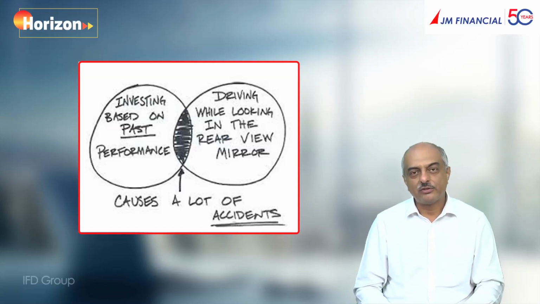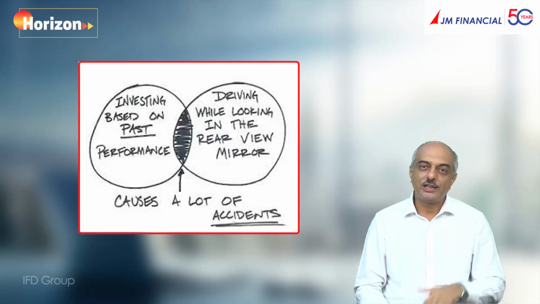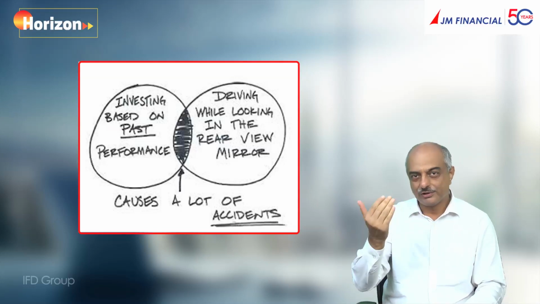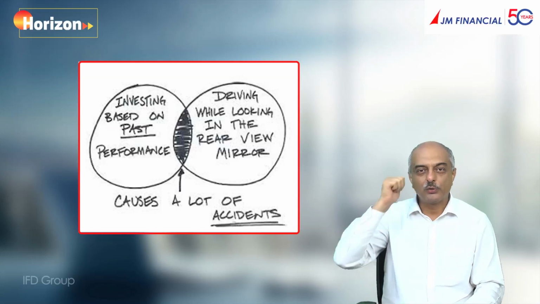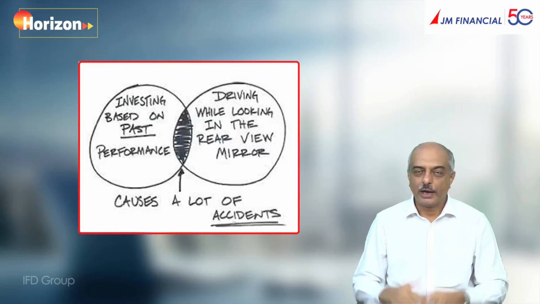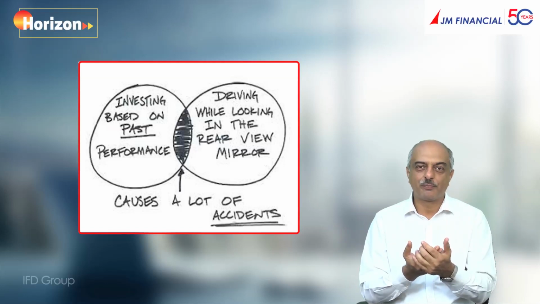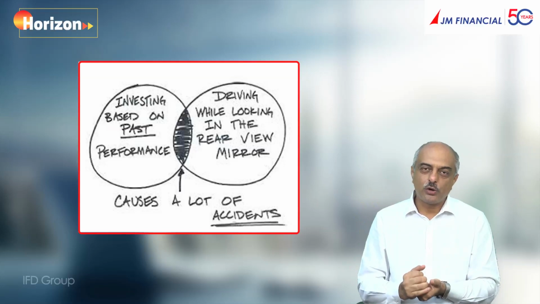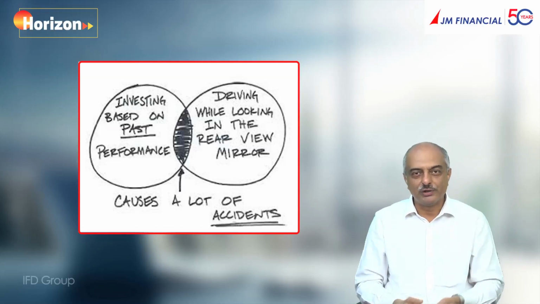In that Venn diagram that I just mentioned, he says one side it's the investment by looking at past performance. The other circle says driving on the road by looking into the rear view mirror. And both have one thing in common: you will meet with an accident. Driving on the road, the vehicle meets with an accident. Investments, the portfolio meets with an accident.